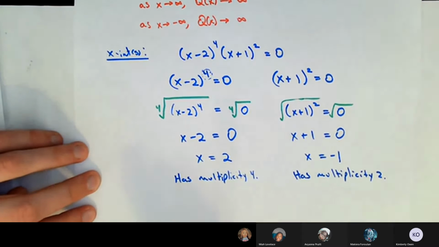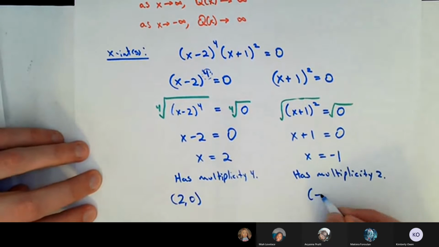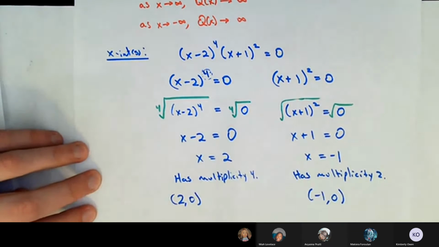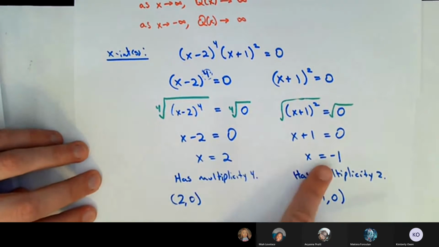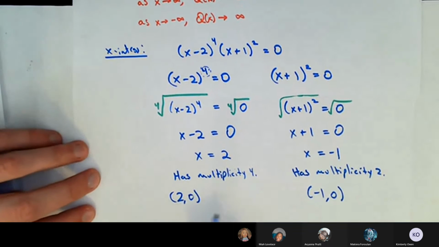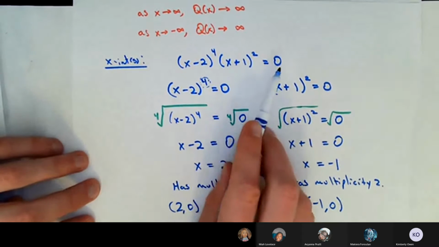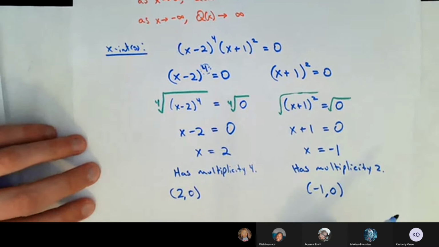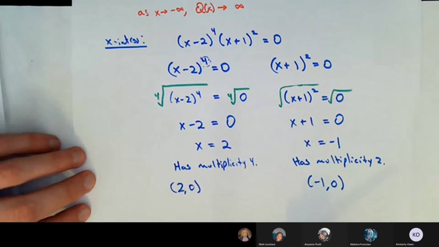So when I write down my x-intercepts, which by the way are (2, 0) and (-1, 0), these are my x-intercepts with a y value of 0 because that's what we forced the output to be. That's how you find the x-intercepts: you force the output to be 0.